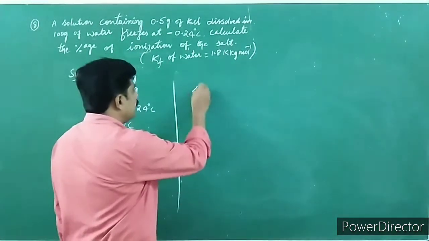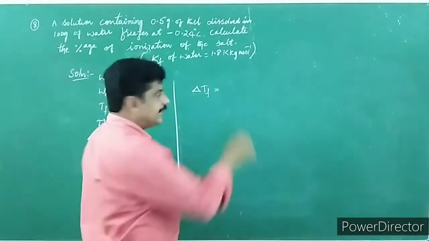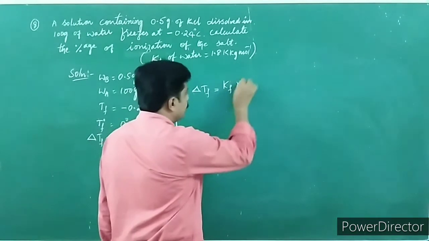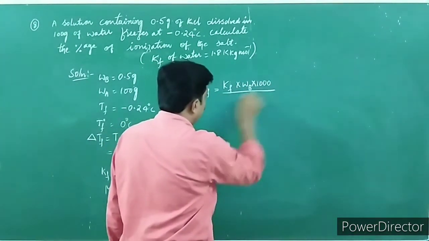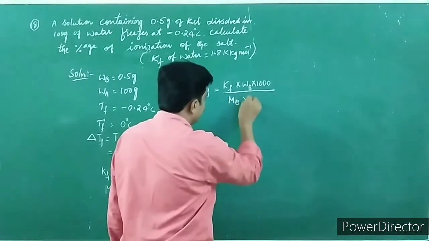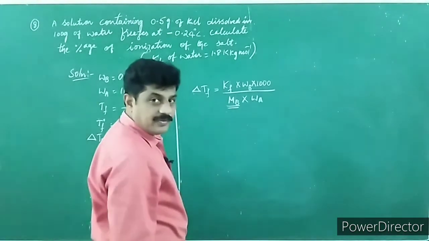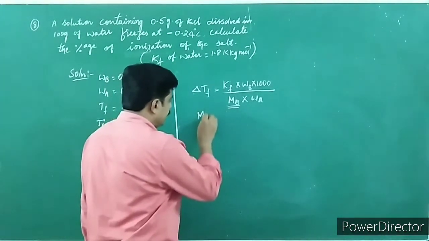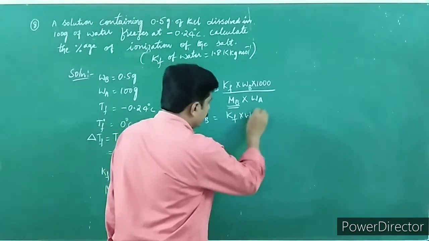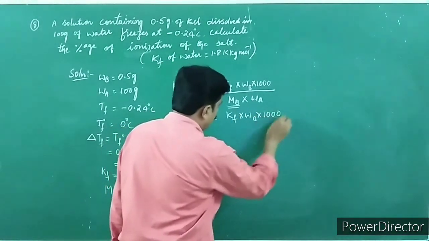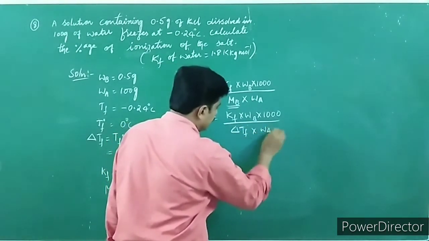Now you know the formula, delta TF is equal to Kf into WB into 1000 upon MB into WA. So MB is what you are supposed to find out. MB is equal to Kf into WB into 1000 upon delta TF into WA.